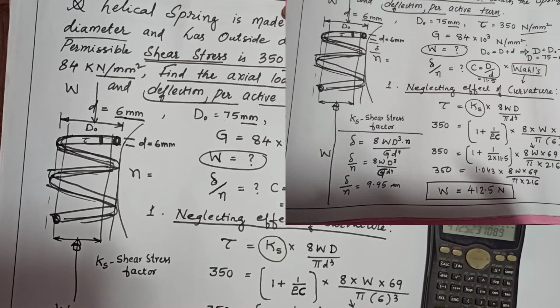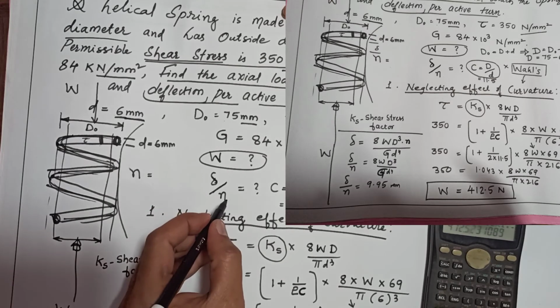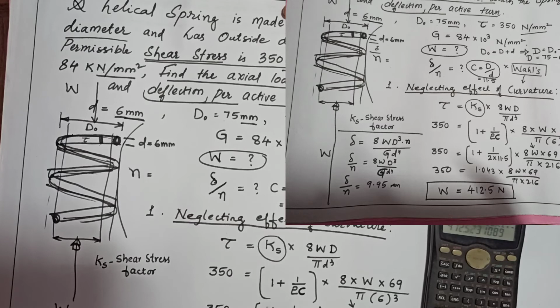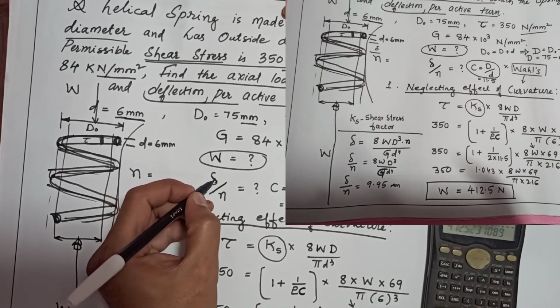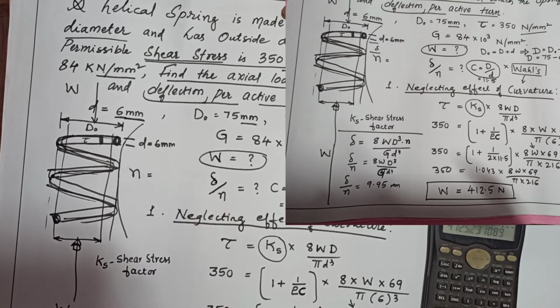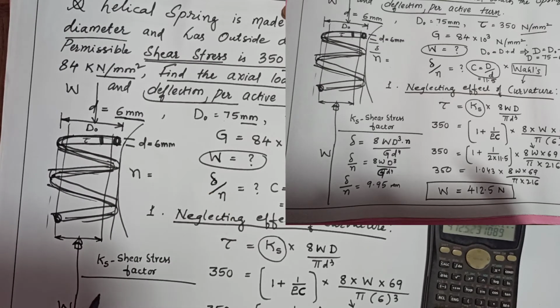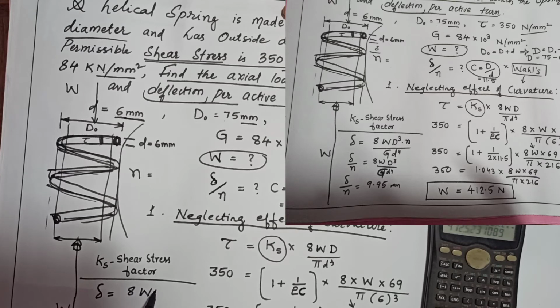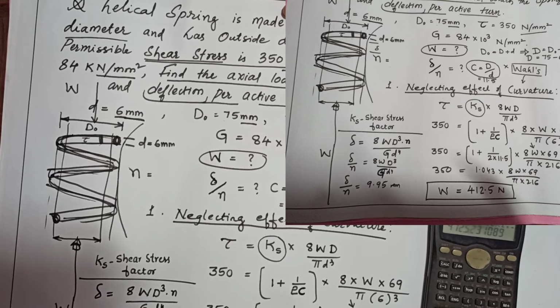Similarly, we can calculate the deflection per active turn. So before calculating the deflection per active turn, you have to know the deflection equation. For the deflection equation, I will write here delta is equal to 8W d cube n by G d power of 4. This is the deflection equation.